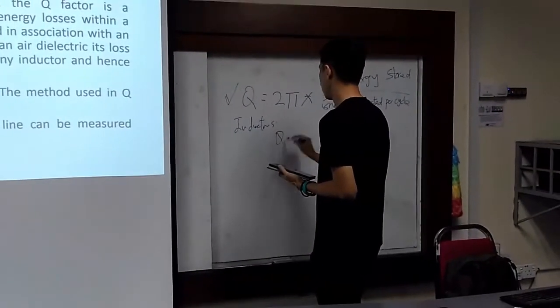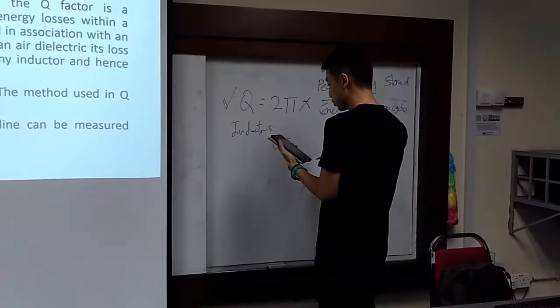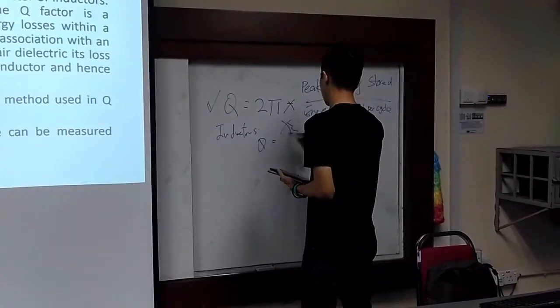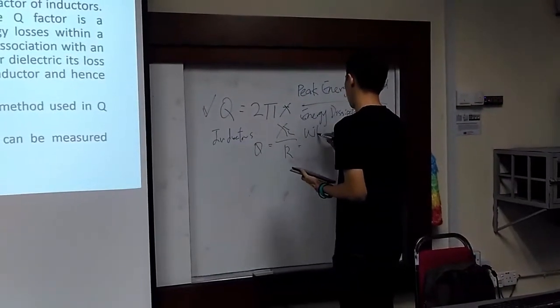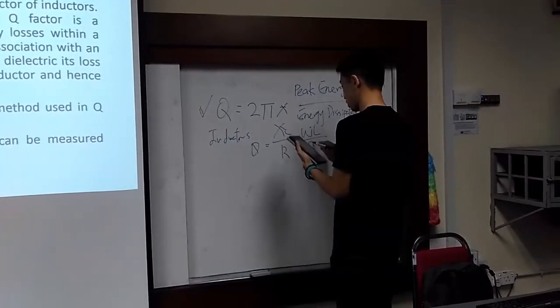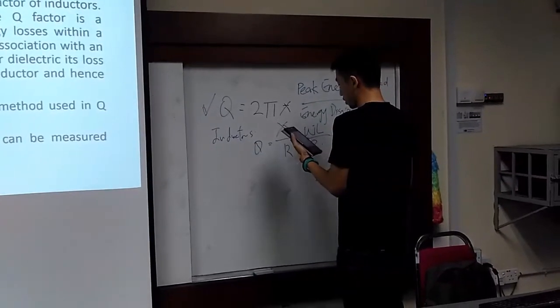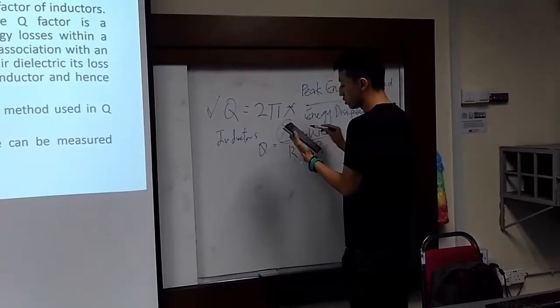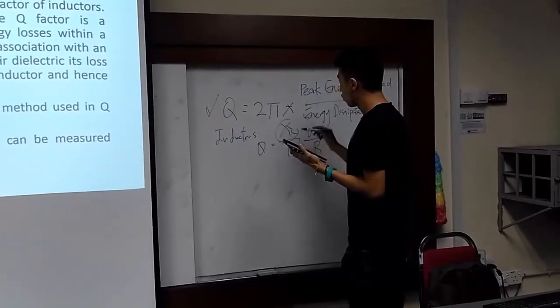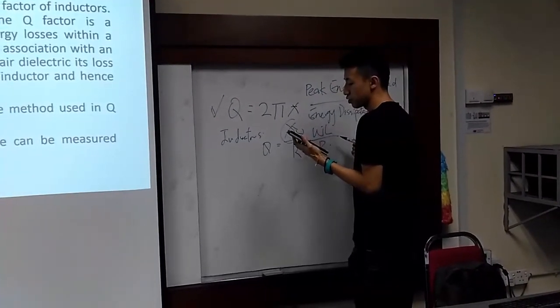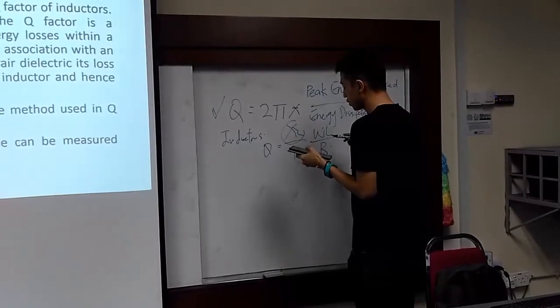the formula is, as mentioned before in the introduction by Wei Jun, Q equals XL over R, which is omega L over R. XL is the reactance of the inductor, omega is the angular frequency, and R is the resistance of the inductor.